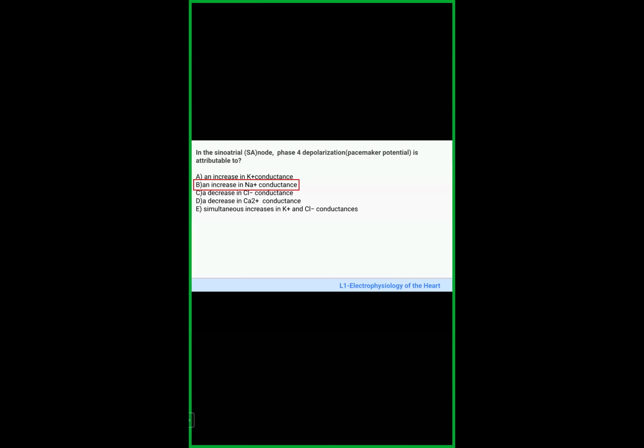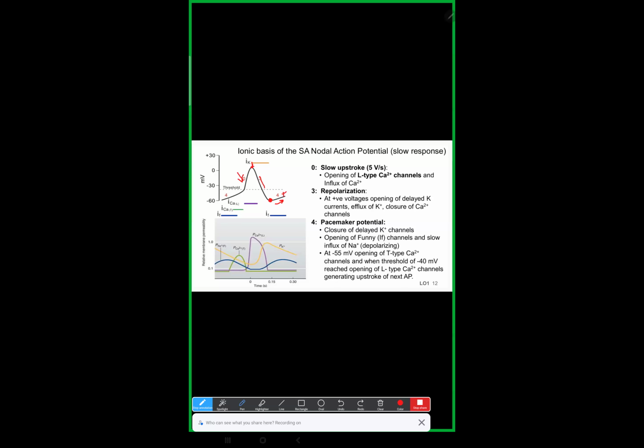Then at this peak, the potassium channels open up, and therefore we have repolarization, where the membrane potential becomes more negative until it reaches this point, where the funny channels open up. The funny channels allow sodium to come into the cell, making the membrane potential more positive. And that's why phase 4 is mostly due to the sodium channel influx.